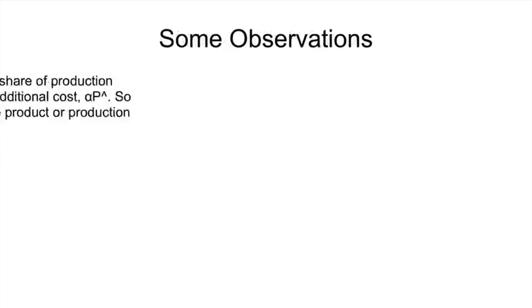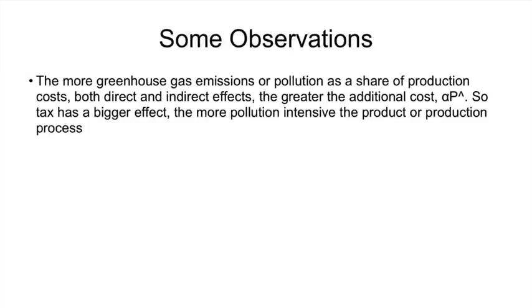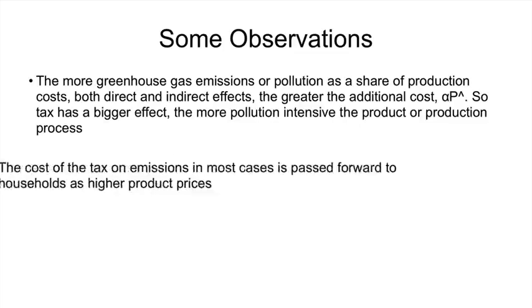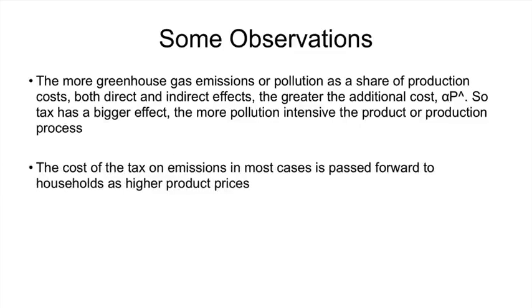So some observations. The more greenhouse gas intensive the product, the greater that cost increase. So the bigger the shift upward of the supply curve, the more we change the decisions on that pollution intensive product. And for products with virtually no pollution, our decision would not change very much. What we also realise is that most of that tax is passed on.